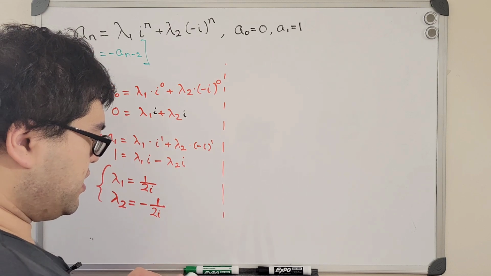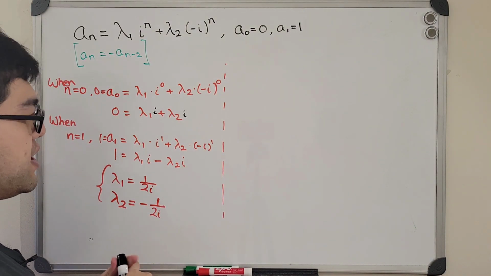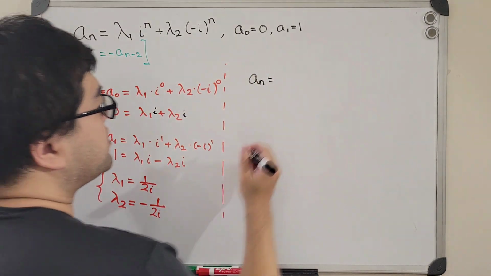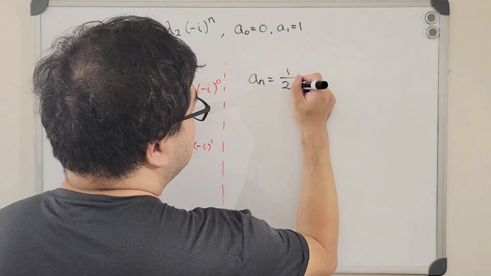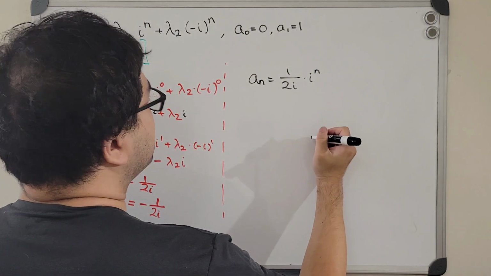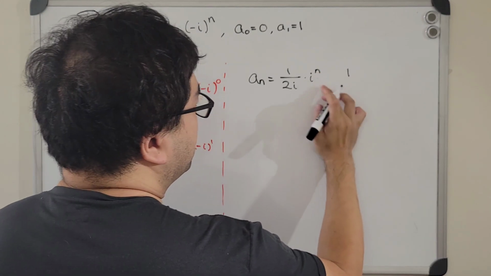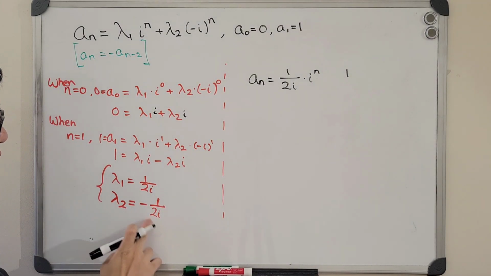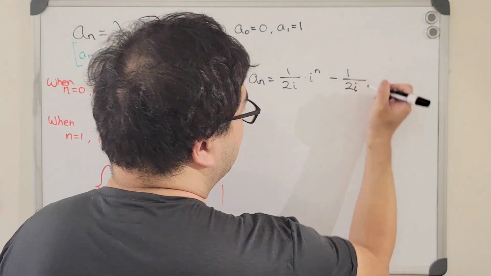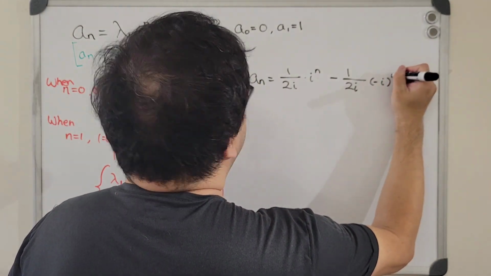So, get back to the general equation. We can now say that a sub n is actually equal to 1 over 2i times i to the nth power, plus, actually we have plus 1 over 2i but with a minus sign, so we need to rewrite it as minus 1 over 2i times negative i, all raised to the n power.